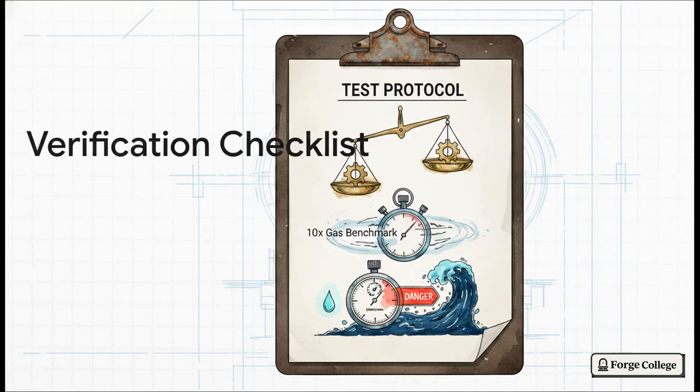But to make sure we haven't broken anything in the process, we have to follow a rigorous testing checklist. First up is the state equivalence test. You have to ensure all scalar fields match exactly before and after your refactor. Second is the gas benchmark. You want to run your tests at least 10 times and calculate the average gas saved. And third, edge case tests. What happens if someone sends 0 ether?